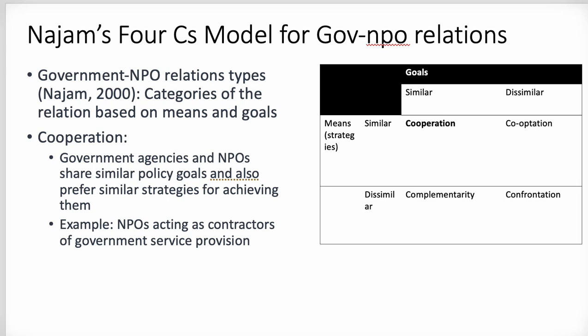The first is cooperation, which is basically government and nonprofits having similar policy goals and similar means, like strategies, to achieve them. The exemplary relation is NPOs acting as contractors of government service provision.